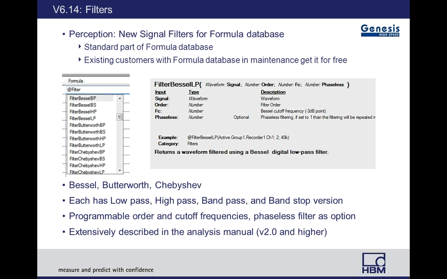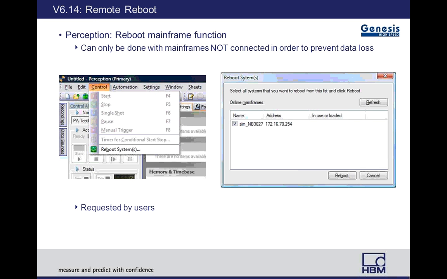There are 3 different filter types, Bessel, Butterworth, and Chebyshev, and each of those 3 types has 4 different versions: a low pass, a high pass, a band pass, and a band stop. In each case, you can set the order of the filter and the cutoff frequency, and these filters are all described in detail in the analysis manual for that Perception option.